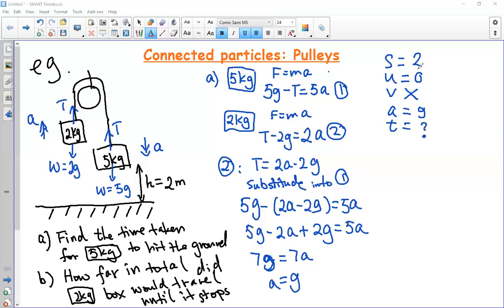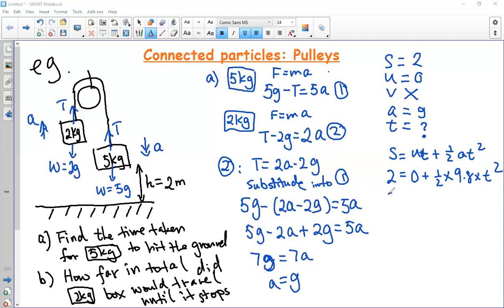So which SUVAT equation do we need? That doesn't involve v, so that would be s equals ut plus a half at squared. So that would be 2 equals, okay, that's convenient, that's just 0 plus a half times a, which is g. Let's replace it by 9.8 and times t squared.